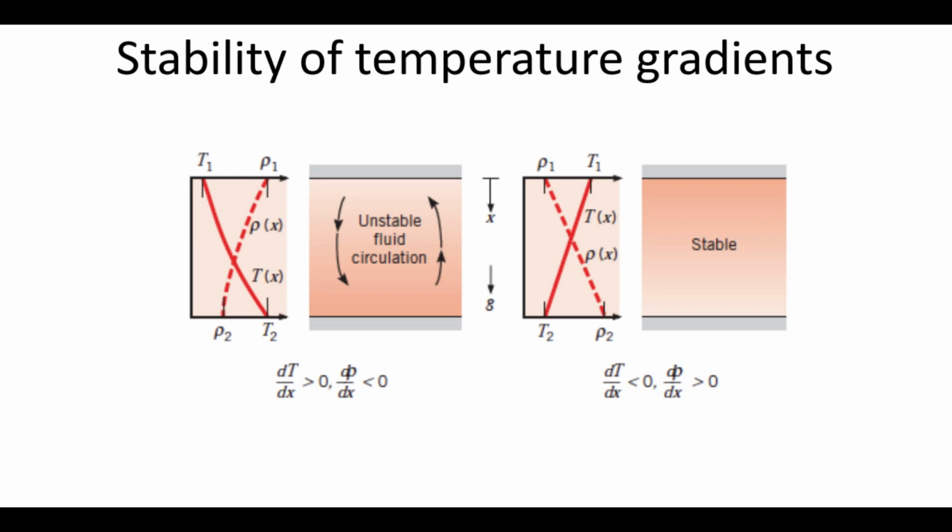We have air filled between the two plates. You see the air close to the hotter plate gets heated up and expands, which makes it less dense, and it rises up. And then when it reaches the colder plate on the top, it gets cooled down and becomes denser. So we will have natural convection circulation for the left case.